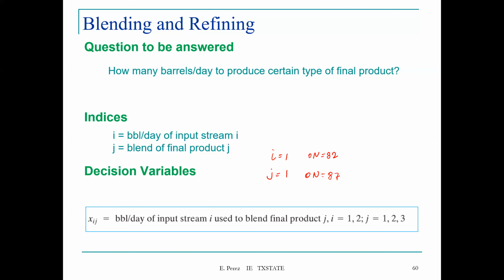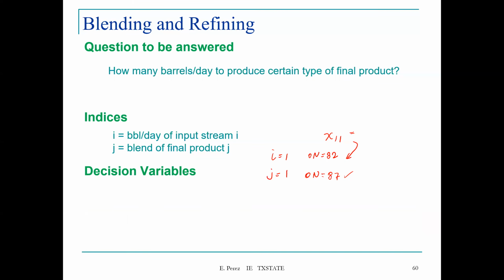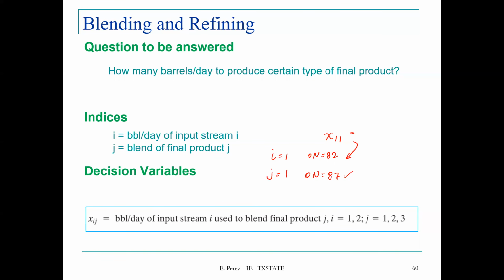So what this is saying is how many barrels of this feedstock 82 you're using to produce gasoline with ON equals 87. So this will be X11 in this case. X11 will be how many barrels a day of input stream I is used to blend. So barrels a day of input stream 82 is used to blend final product 87.